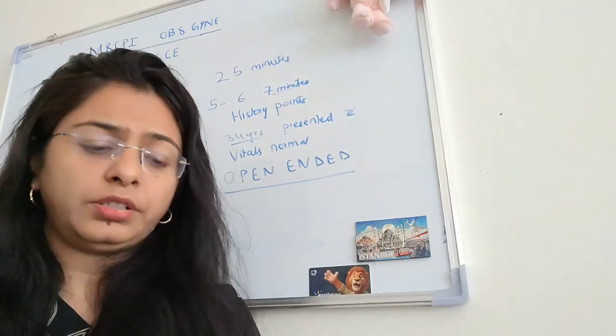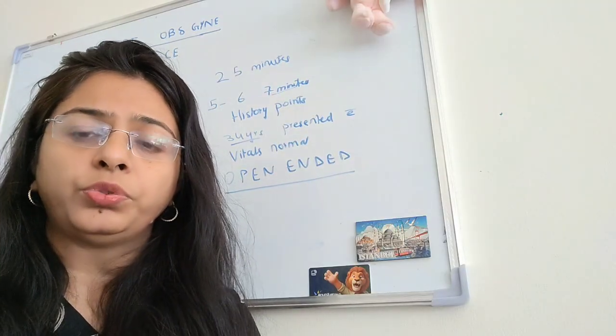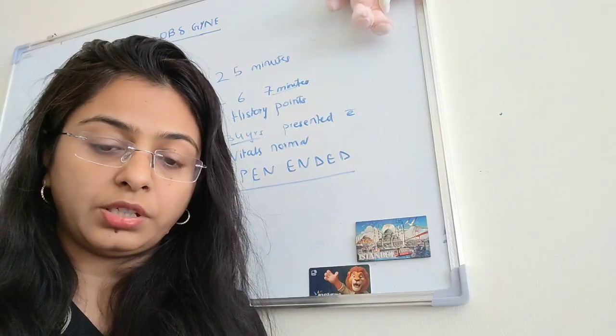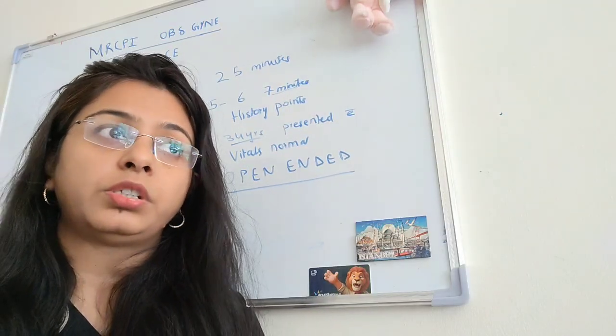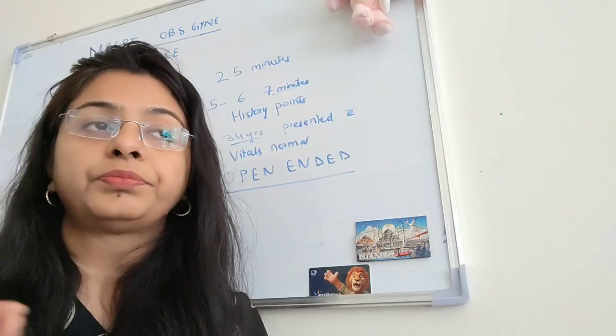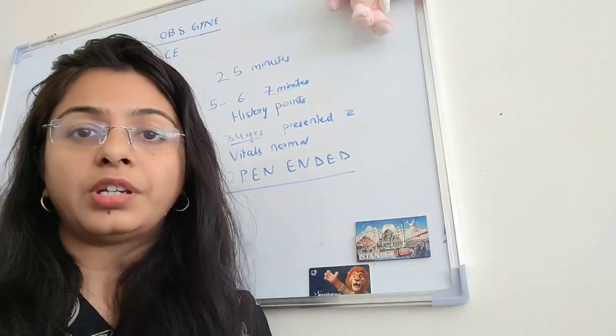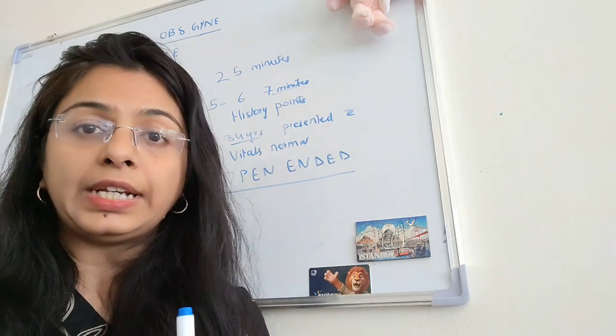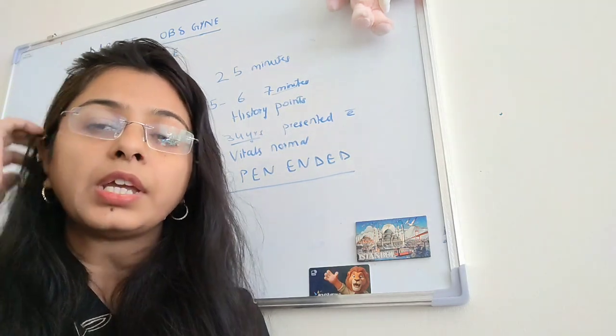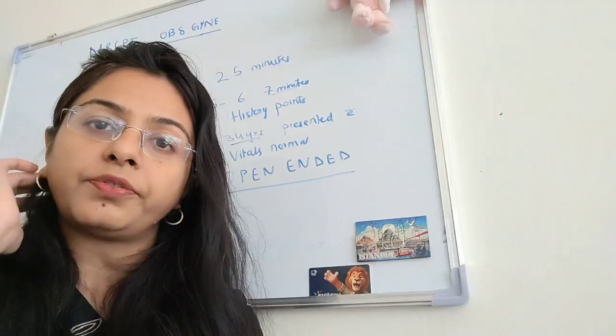One more tip I wanted to give through this video: a paper and pencil will be provided to you on the table to write down the history. Of course you don't have time to write the full detailed history, but at least you can write the risk factors.